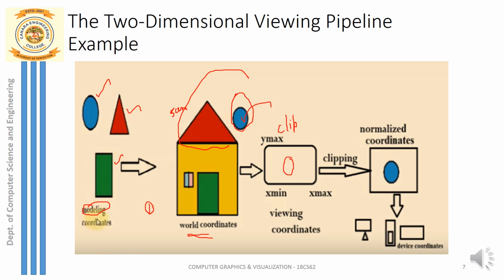This other portion, this entire house-like figure, is outside my clipping boundary, so I cannot generate the image of that entire house. The portion that is inside my clipping boundary, only that I can generate on my final display window, or I can map that to my viewport. Remember, this is the clipping boundary. Now this becomes my second step in the pipeline.